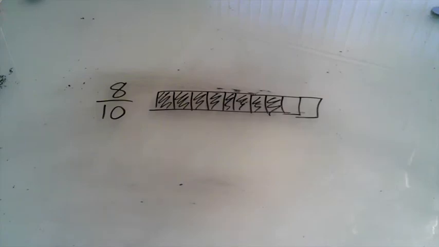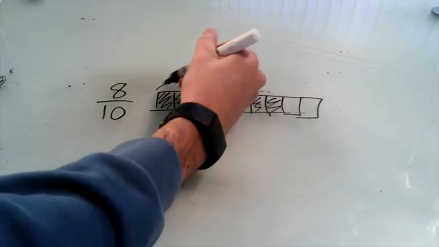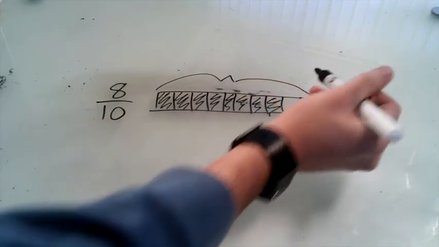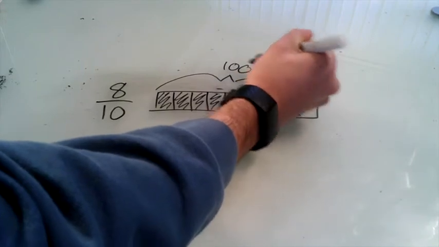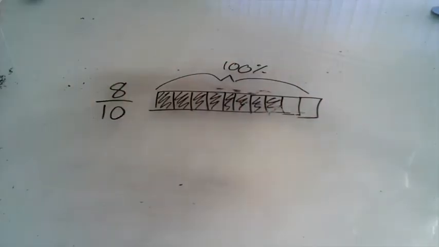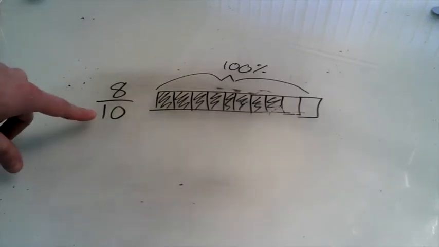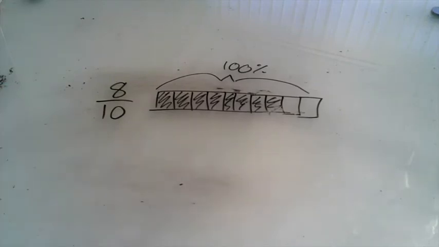Now to work this out as a percentage, you need to imagine that the whole chocolate bar is the 100%, because you can't get over that. I can't eat more than what there is of the chocolate bar. I wish I could, but I can't. So what you need to do is try and get the 10 on the bottom to 100.